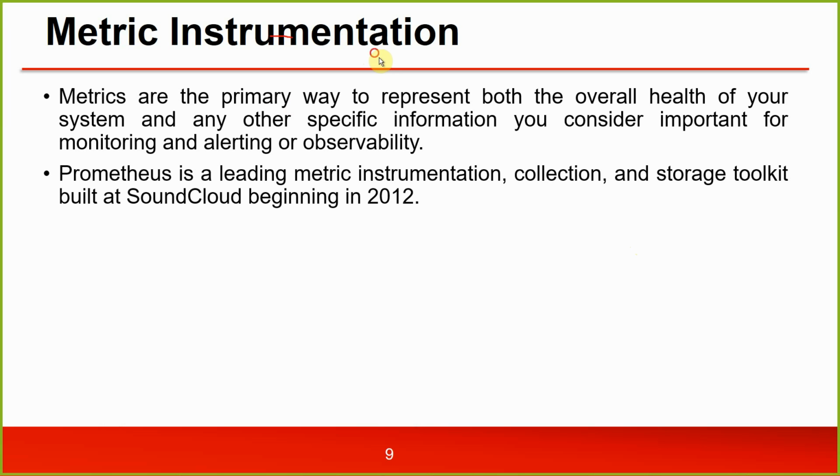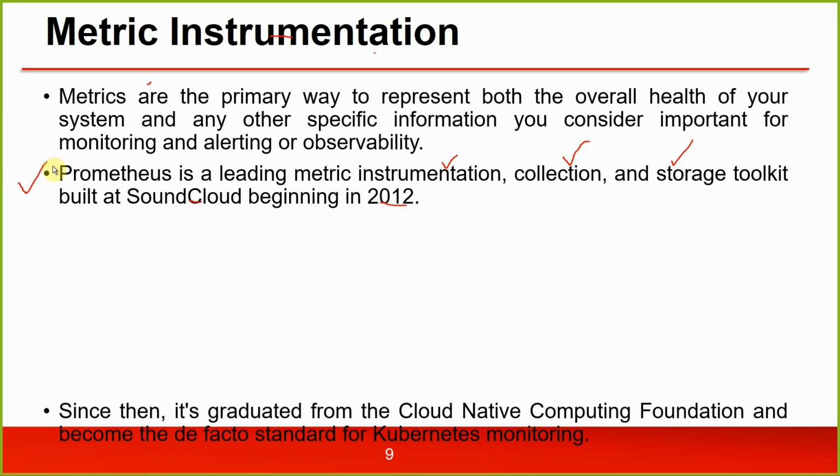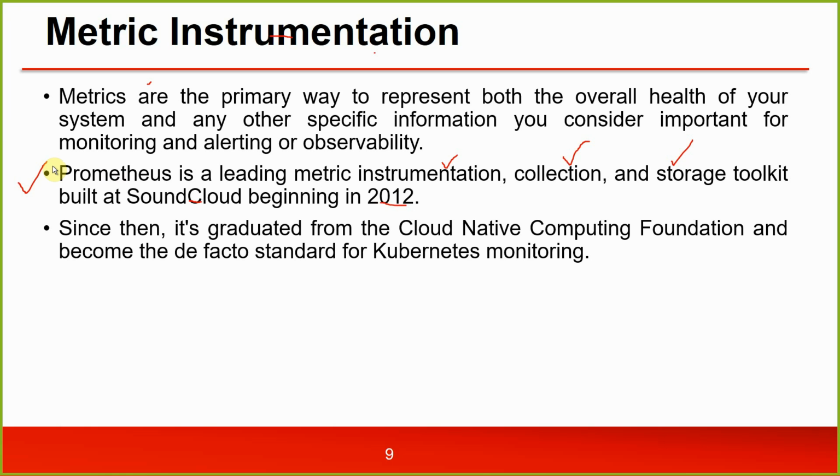Prometheus is a leading metric instrumentation, collection, and storage toolkit built at SoundCloud beginning in 2012. I was delivering on Nagios when they were building this. Since then, it has graduated from the Cloud Native Computing Foundation and become the de facto standard for Kubernetes monitoring.